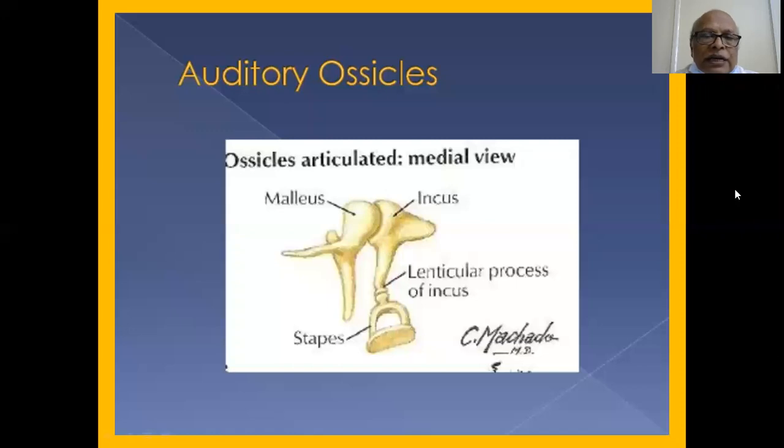The long process terminates as a lenticular process which articulates with the stapes head. Stapes has a head, a neck, anterior and posterior crura, and a footplate. This footplate of the stapes articulates with the oval window of the promontory.